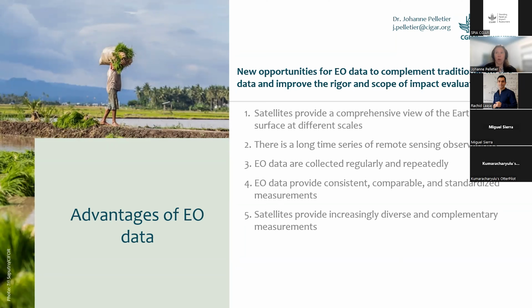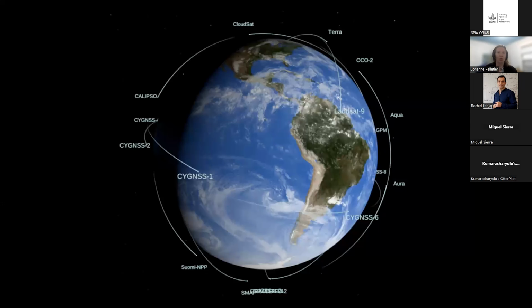There's also more and more on offer, with more complementarity. This is the NASA fleet of satellites. You have different satellites for different purposes: Landsat 9, OCO-2, Terra and Aqua for MODIS, SMAP for soil moisture. So there's a lot of choices.